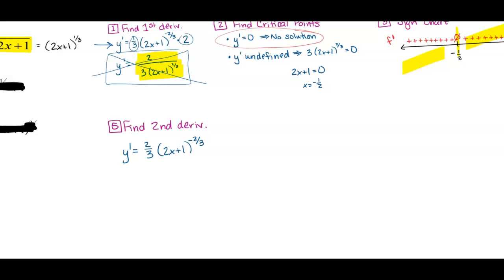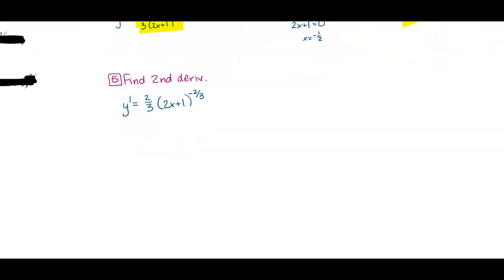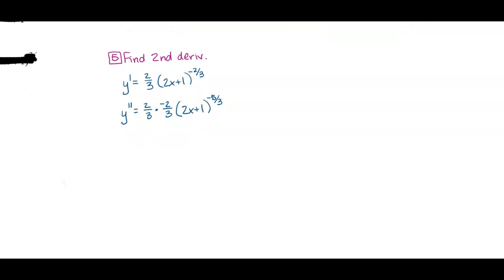And now this is just a pretty typical chain rule type of problem to take the derivative. So the first thing I'm going to do is bring down this negative 2/3 to find the second derivative. So 2/3 times negative 2/3, and then keep the inside the same and subtract 1 from this exponent. So negative 2/3 minus 3/3 will give me negative 5/3.